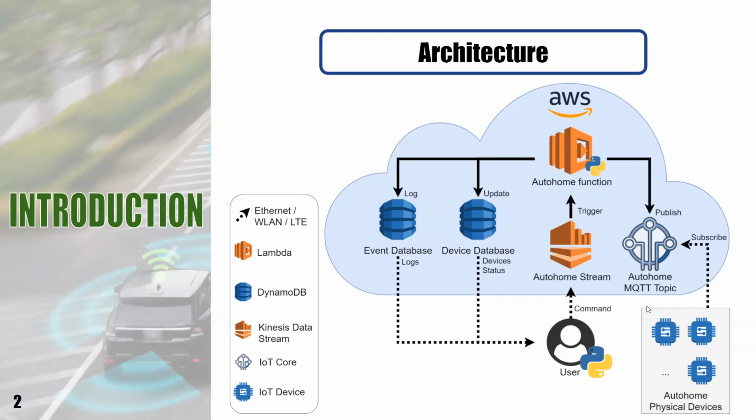If any physical Autohome devices are subscribed to this topic, they can take these messages and perform actions based on them. For this implementation, I will only cover the cloud part and the client part, since I don't have any real physical devices. But I believe this part will be an extension once I have them, and it will be really easy to plug in.